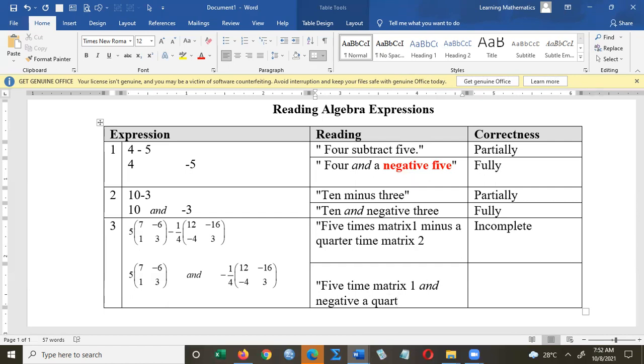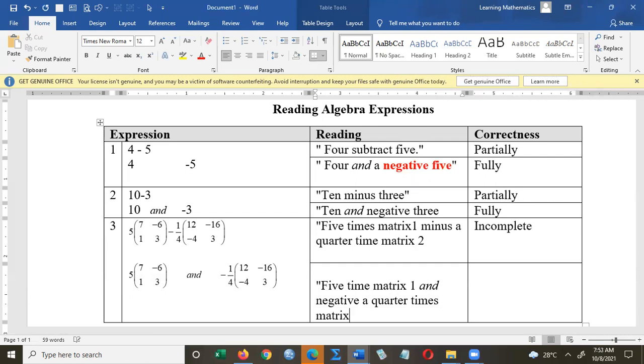All right, negative a quarter times matrix 2. And this now will be, one might say, is it totally incomplete? Well, it's more complete, all right, than the previous one. So let's call it complete there.